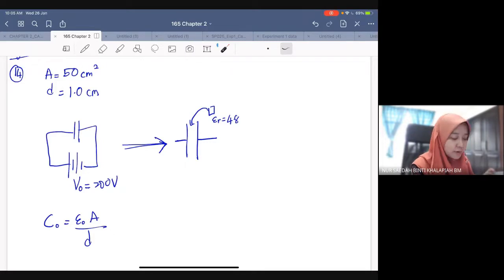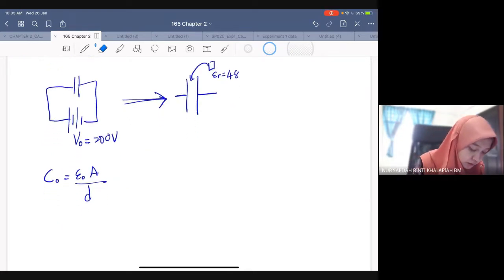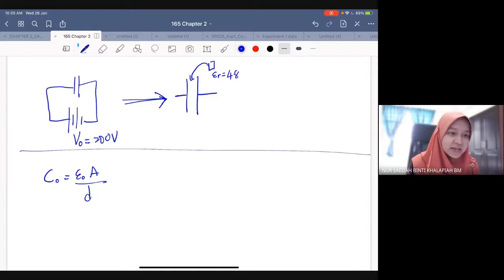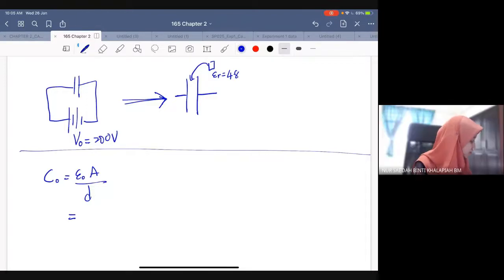Ada lagi ayat dekat bawah: before and after the dielectric is inserted. So maksudnya dia nak dua jawapan, before ada dielectrics dengan after ada dielectrics. Okay, so yang kita cari dengan formula ni yang kosong ke yang ada dielectric? Yang kosong lah sebab C0, betul.